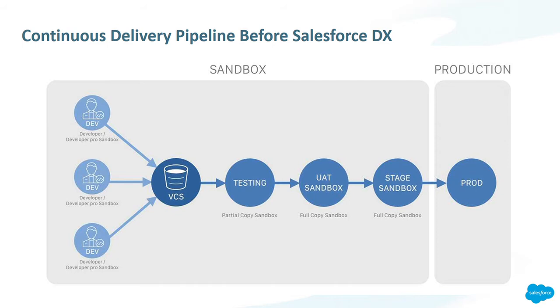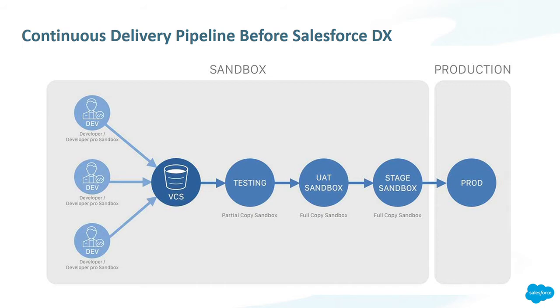Each one of them has a branch in the version control system to work in isolation. Then we want to have a testing environment for our quality assurance.